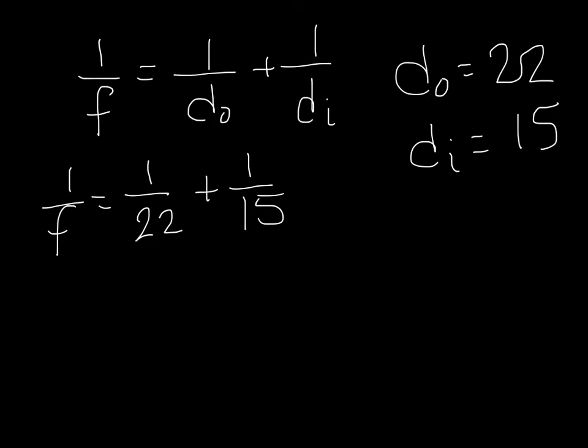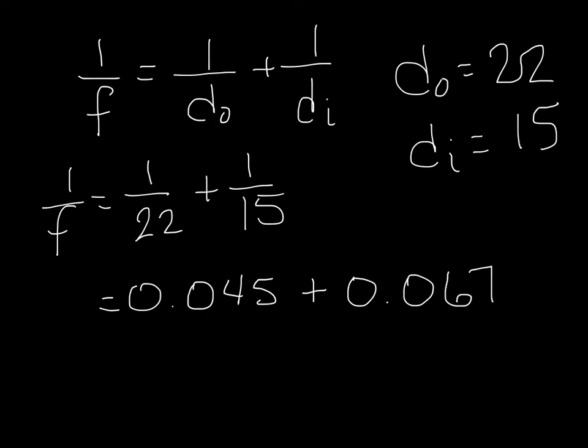Go ahead and do the division. 1 divided by 22 is 0.045 plus 0.067, which is equal to 0.112.